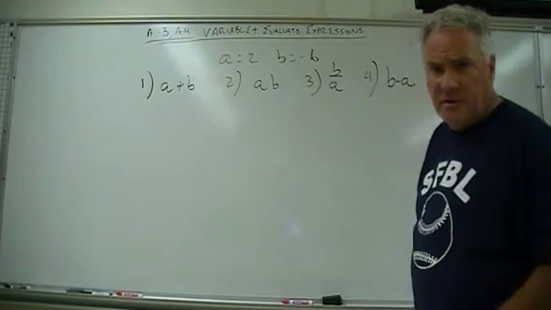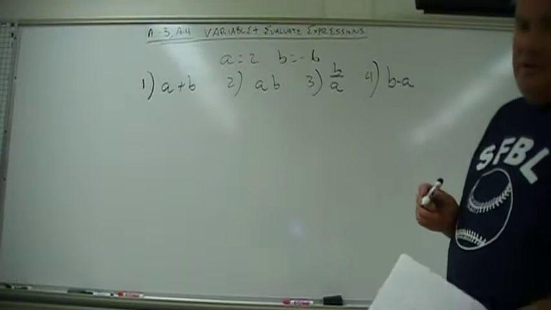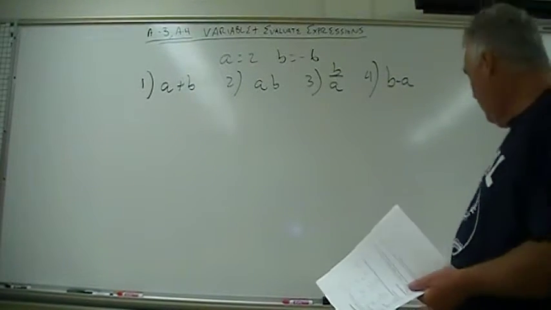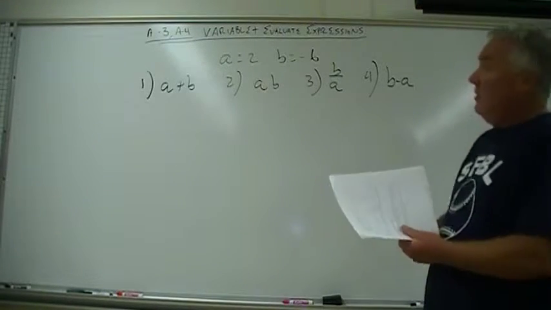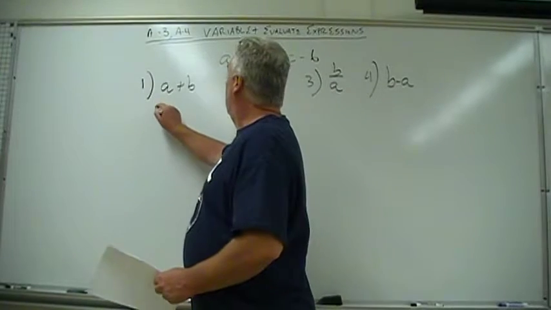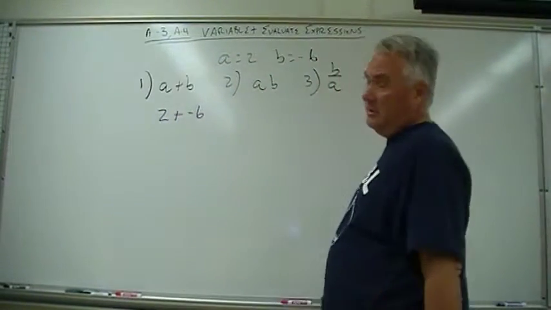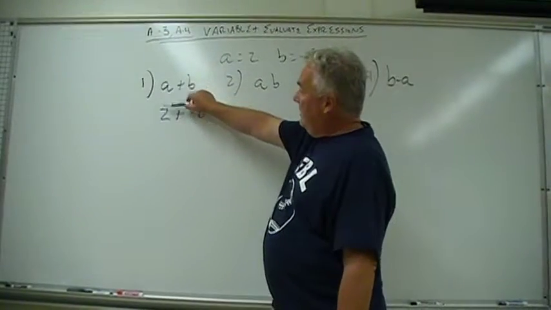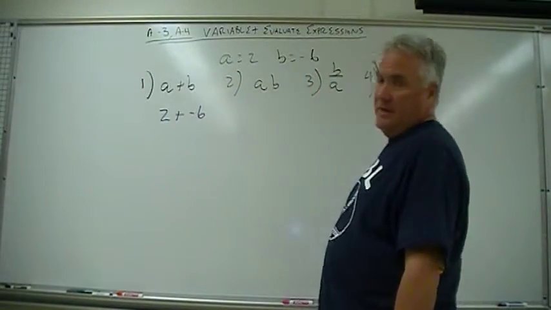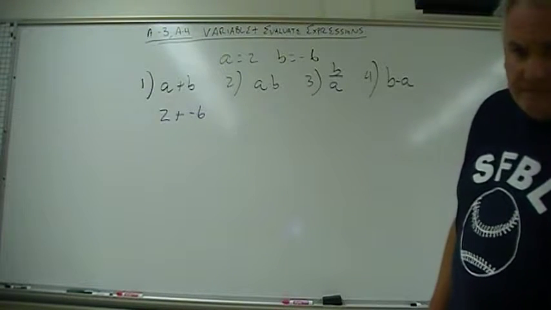So those are the 4 problems that we have, and so what we're going to do is substitute in for each. So for A plus B, number 1, we will do 2 plus -6. A is 2, B is -6. We're plugging in, finding the value of.